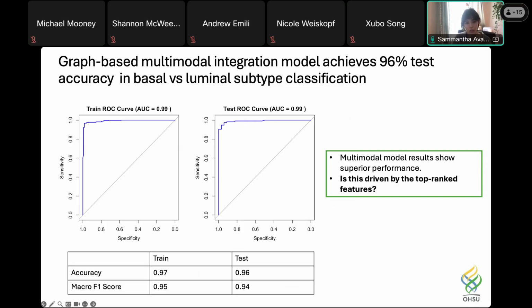And so these promising results then led us to really dive deeper to see what specific RNA features or H&E image features are contributing to this model's successful performance.